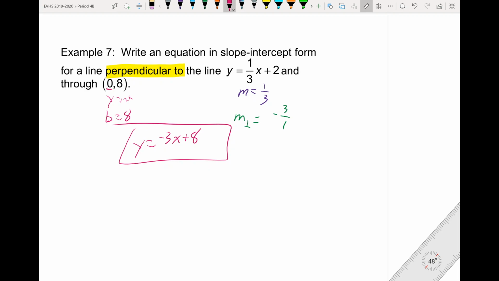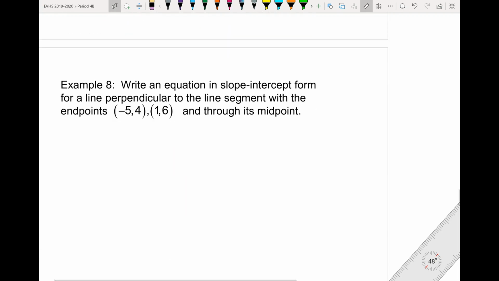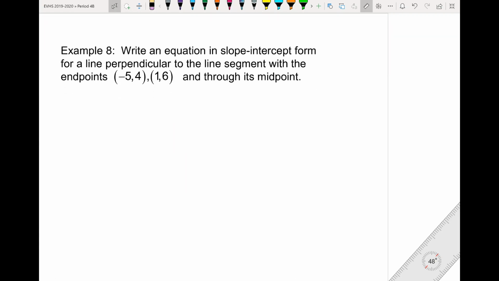All right, questions? All right, wait, what did y'all say there? Slope-intercept for number 8? Yes? Okay. Now, be careful on this one. So slope-intercept tells me I want y equals mx plus b. It also wants something perpendicular to it.